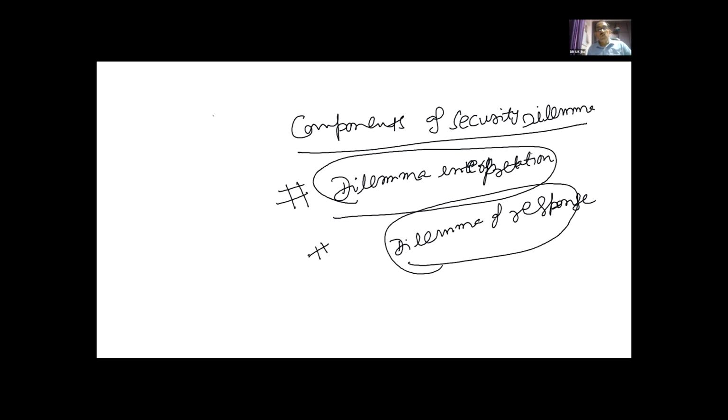So, two components of security dilemma: one is dilemma of interpretation, and another is dilemma of response. Let us try to understand.